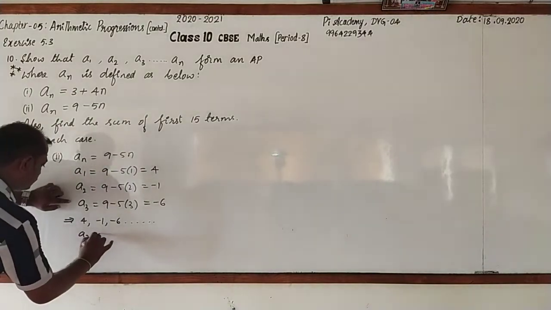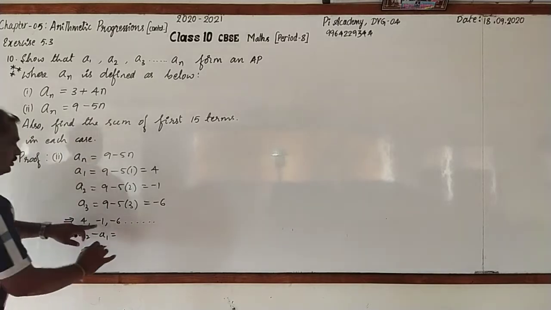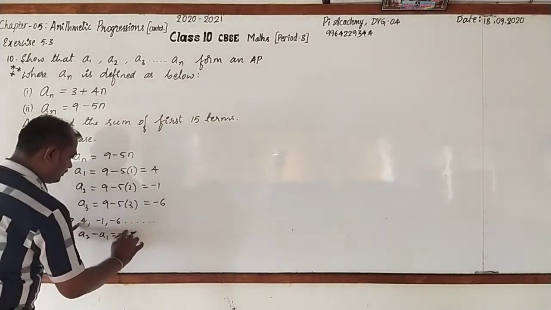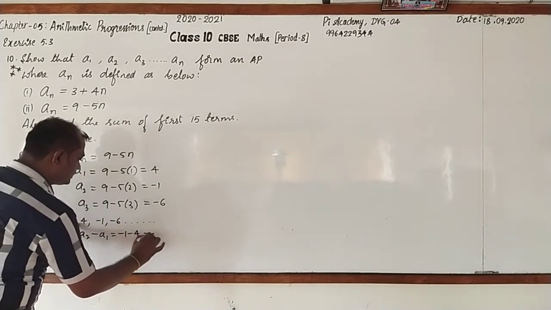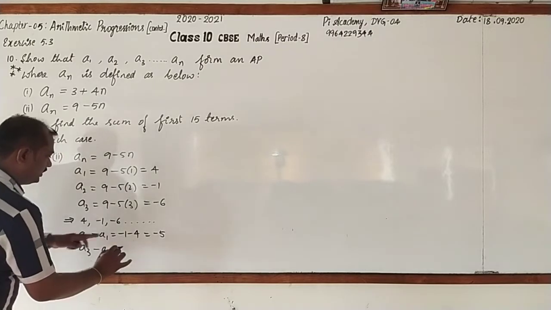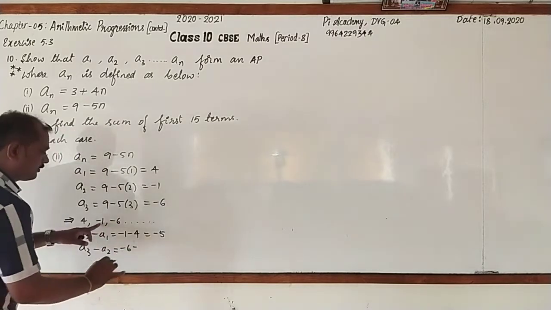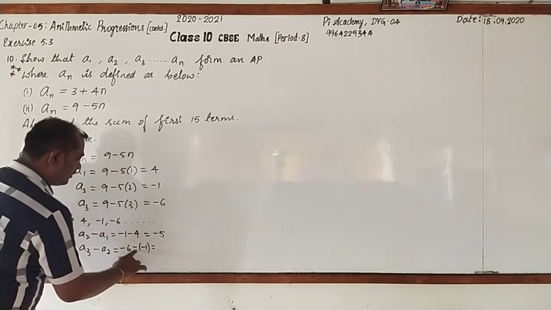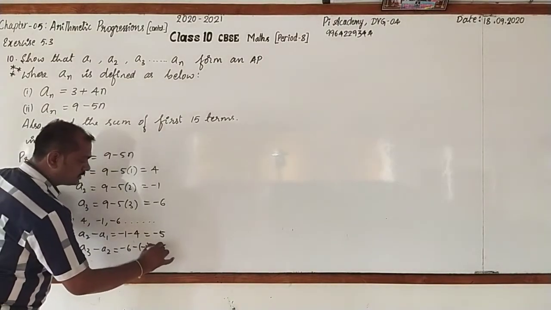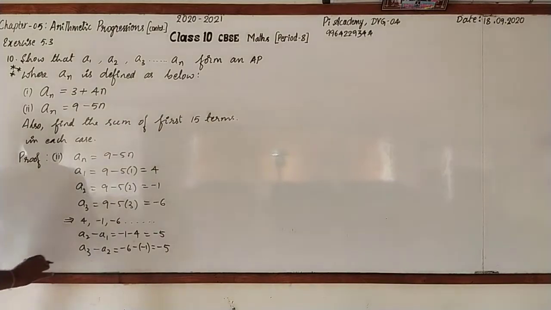I'll find out a2 minus a1. a2 is minus 1, minus of a1 is 4. It is minus 5. Then a3 minus a2. a3 is minus 6, minus of minus 1. Minus into minus is plus 1. Minus 6 plus 1 is again minus 5. Observe it.